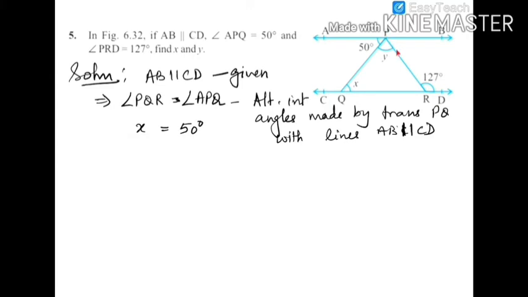Now taking PR as the transversal, angle APR and angle PRD form a pair of alternate interior angles. So they should be equal.